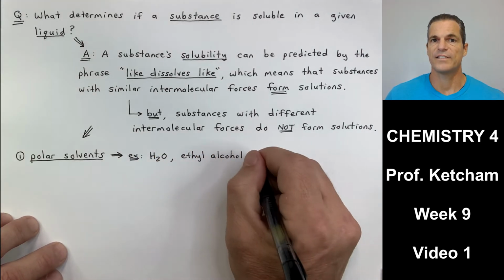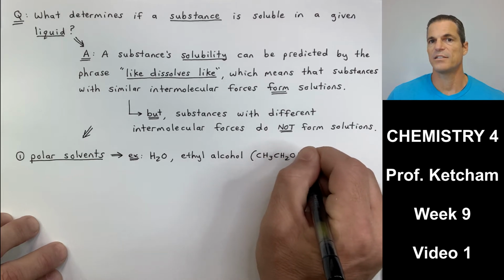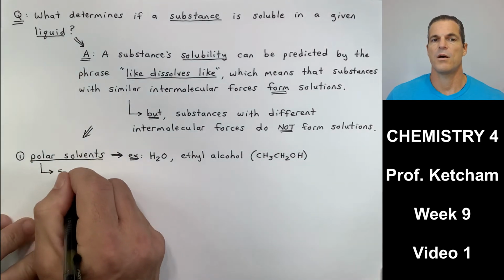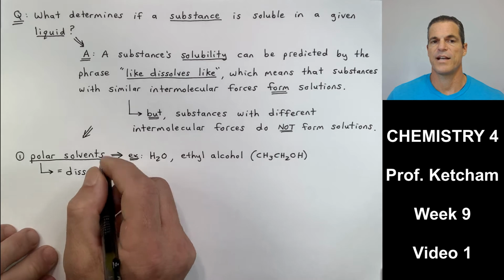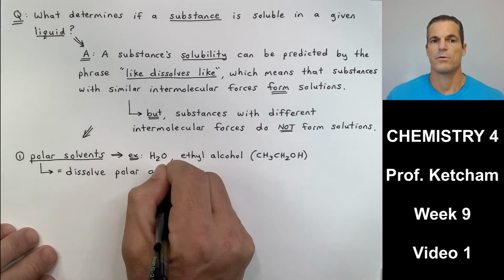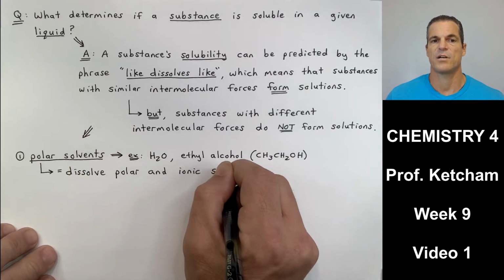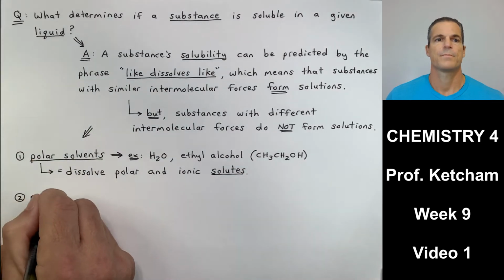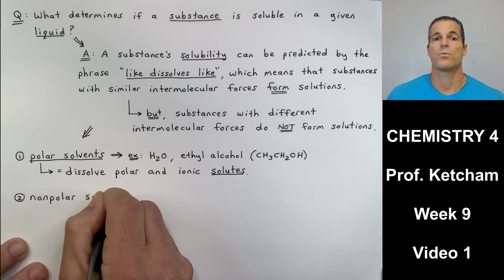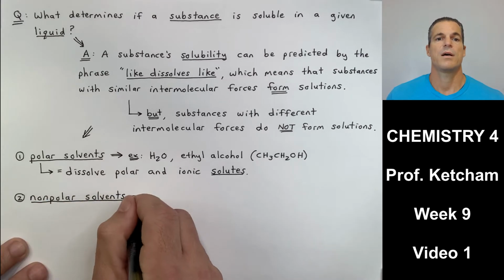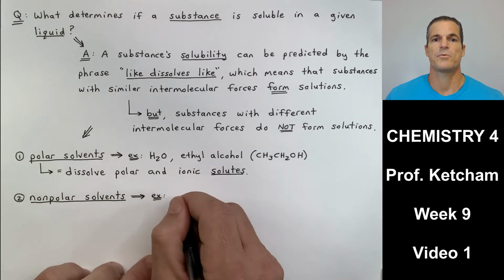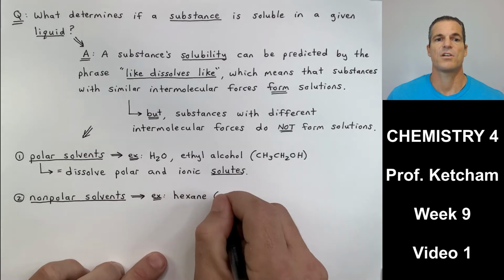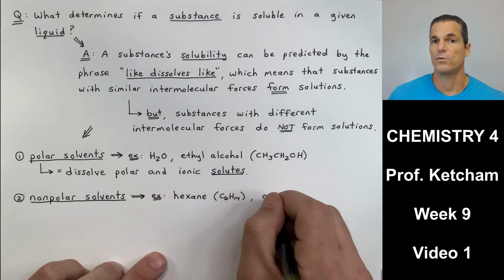So, number 1 here says polar solvents. Now, the solvent is the substance that does the dissolving. Almost always in a general chemistry class such as ours, or a general organic and biochem class such as ours, that solvent is usually water. So polar solvents, examples are H2O, water, and ethyl alcohol, CH3CH2OH, and they dissolve polar and ionic solutes.